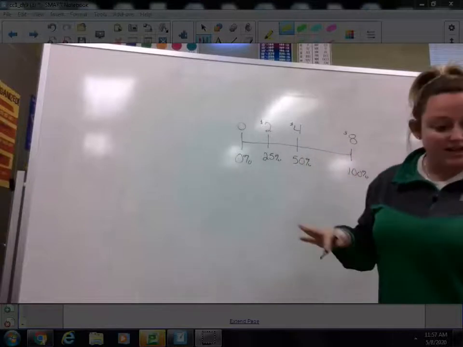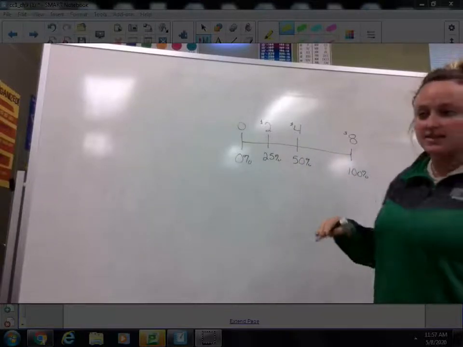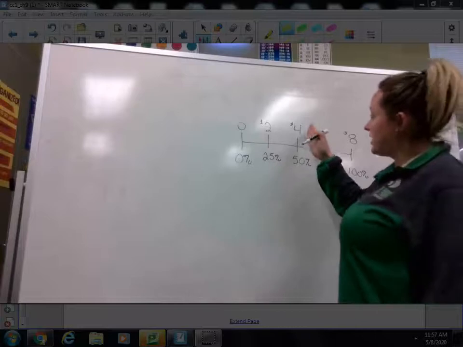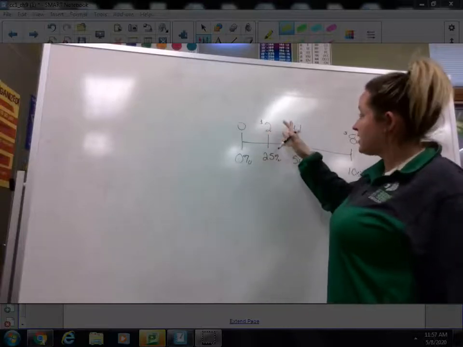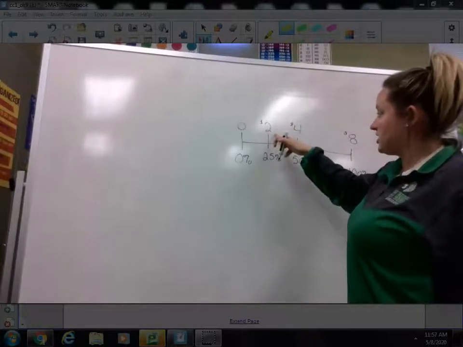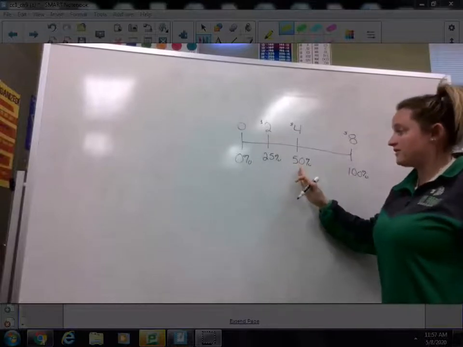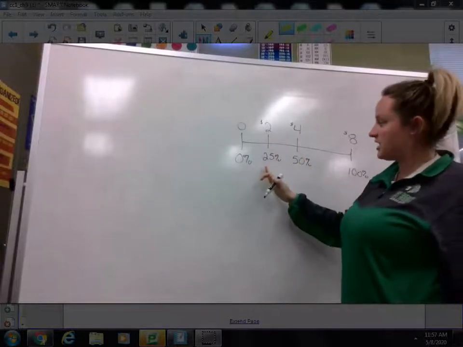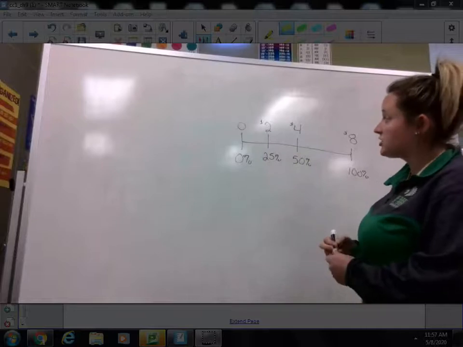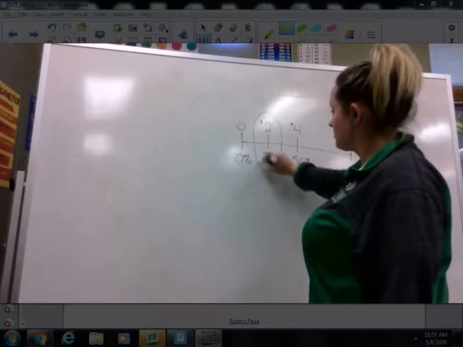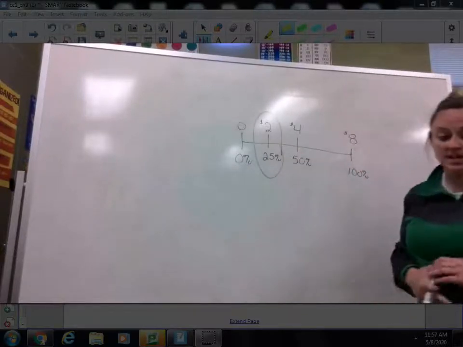And we know that the tag says it's $2 off. So if we take another half off of the $4, you get 2. So you'll have to take half of the 50% to get 25%. So we know that it is 25%.